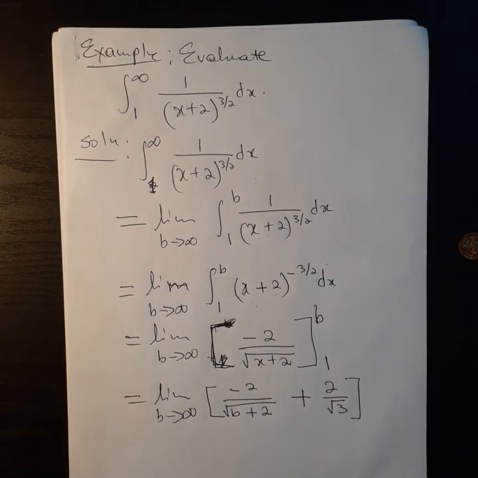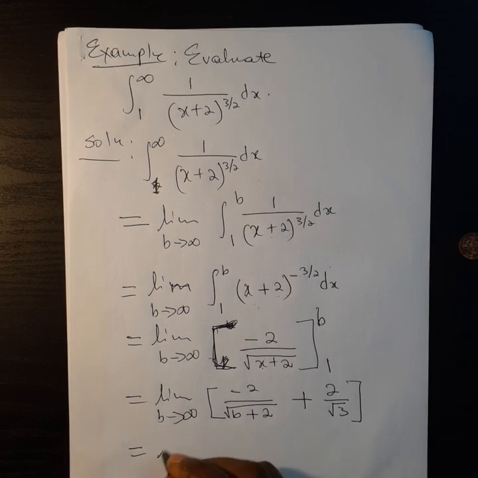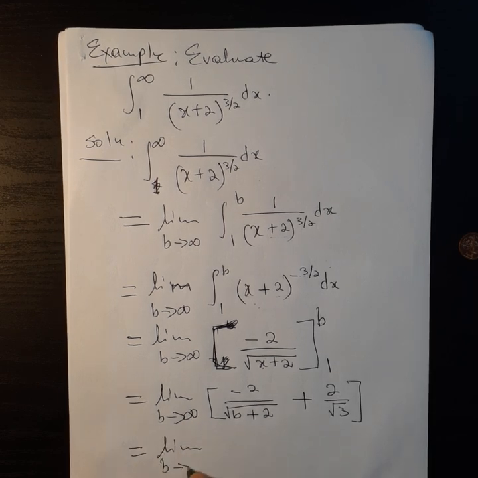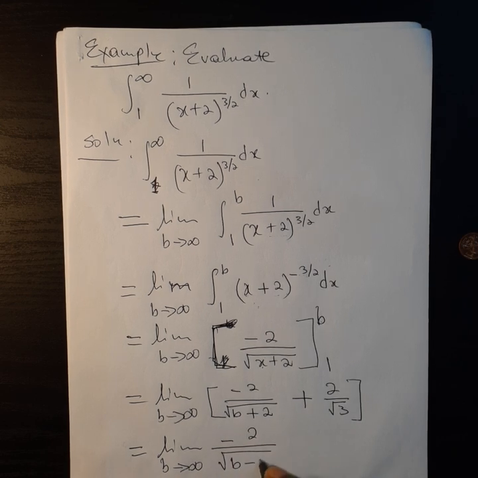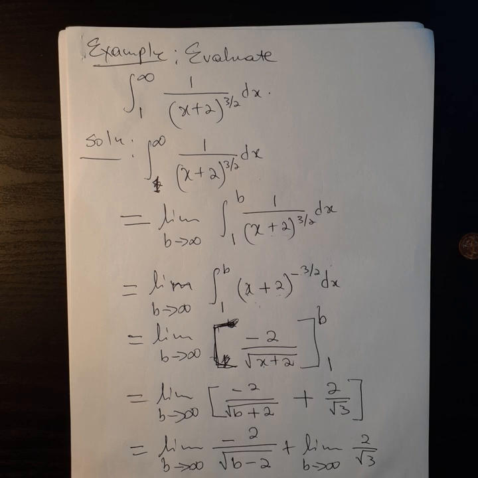And then we are evaluating the limit when b is approaching infinity. So it will be the limit when b is approaching infinity of minus 2 over the square root of b minus 2 plus the limit as b is approaching infinity of 2 over the root of 3.